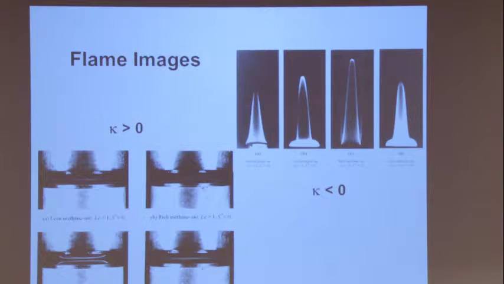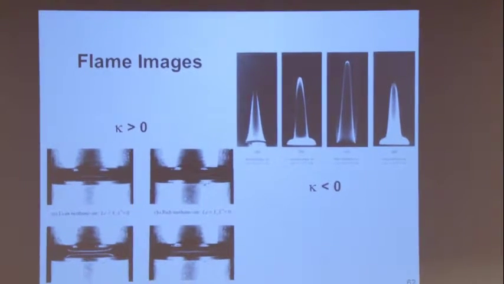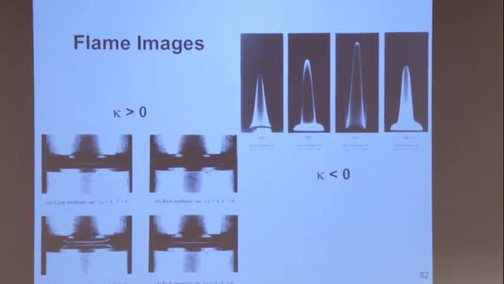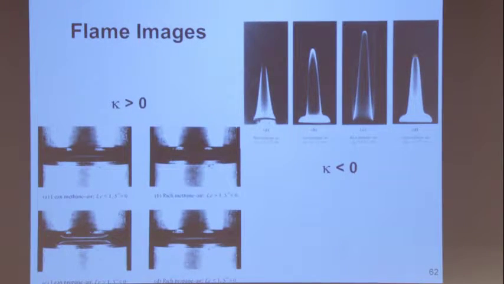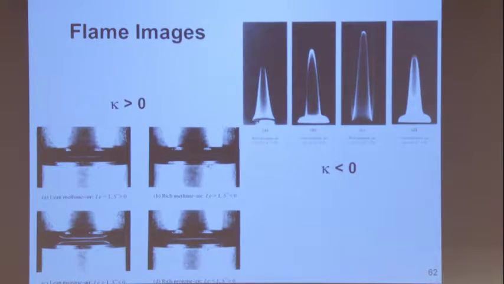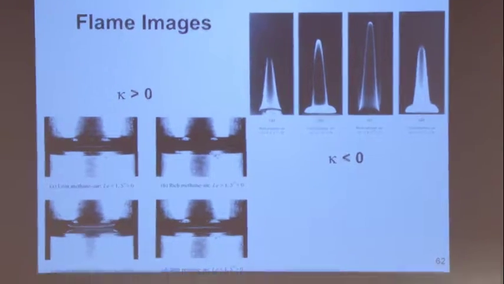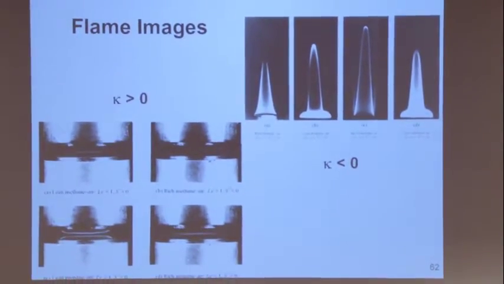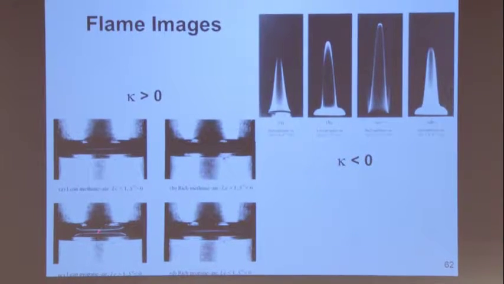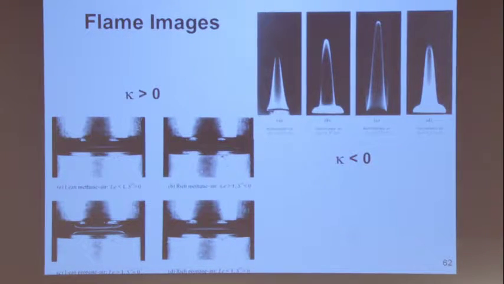Here are some experimental results. This is a counterflow. You have a symmetrical mixture here. So you get two flames, okay? A premixed flame, two flames, counterflows in this way. Now this is the state almost at the extinction. If you see, for example, lean propane air has a Lewis number bigger than 1, so when you stretch it, the flame temperature decreases, the flame would extinguish.